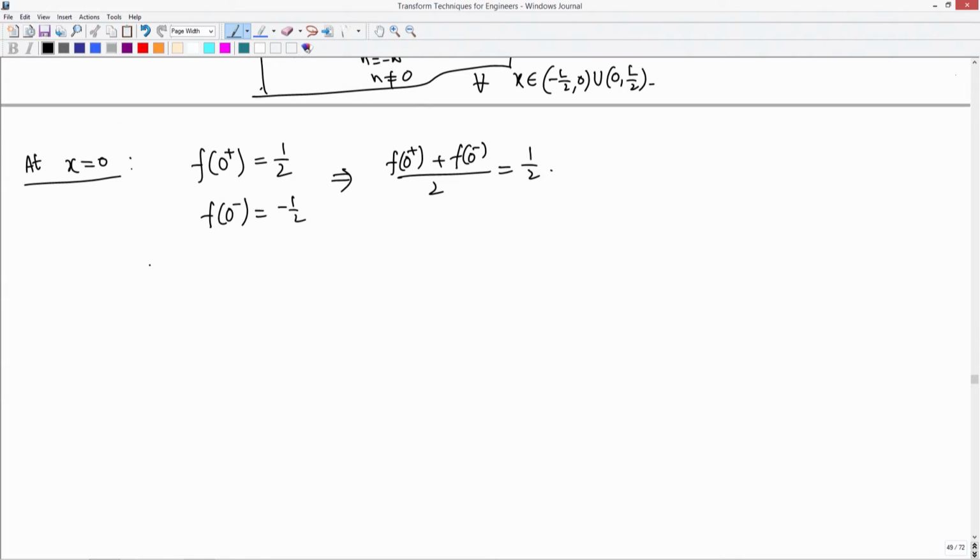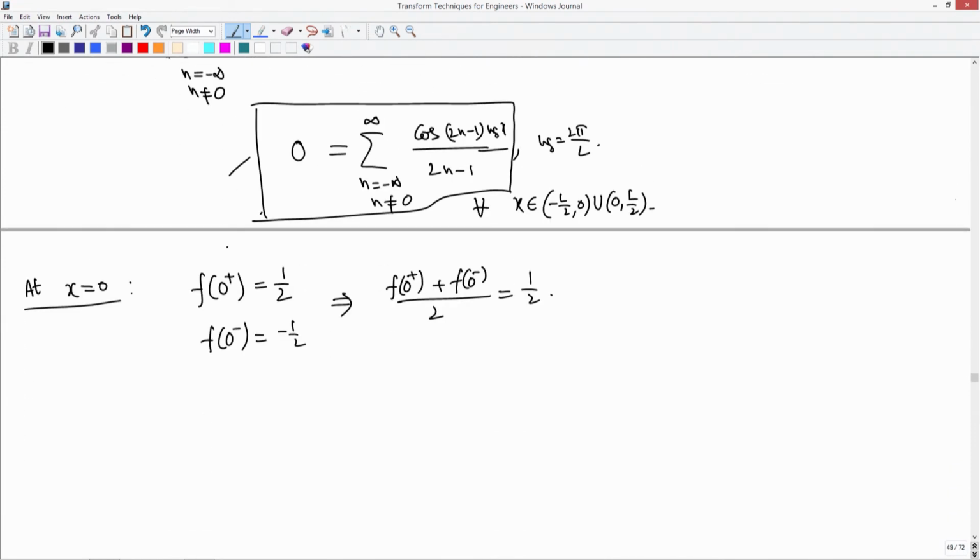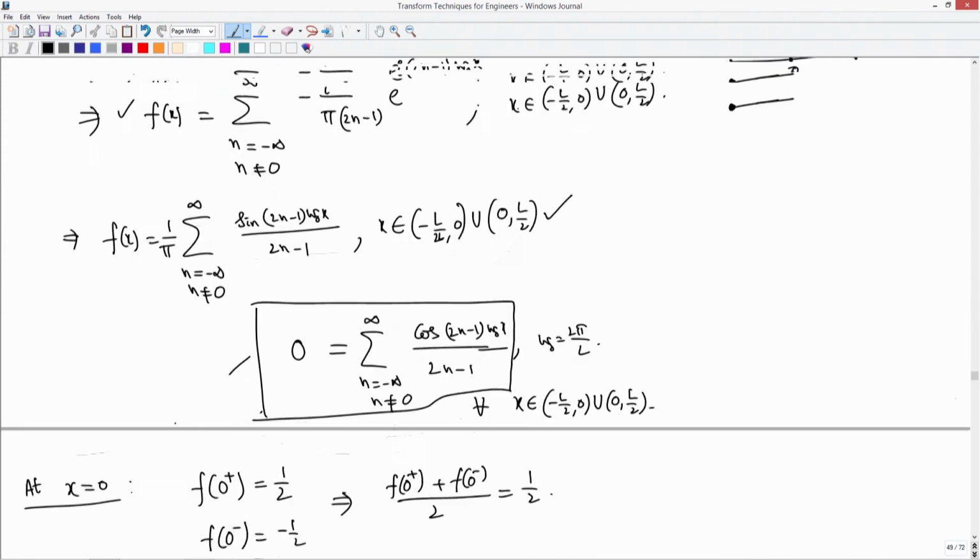And what we have seen already is this Fourier series, which is 1 by pi times sigma n from minus infinity to infinity, n not equal to 0, sine of (2n minus 1) w naught x divided by 2n minus 1. If you take x equal to 0, this is equal to the average value at 0.